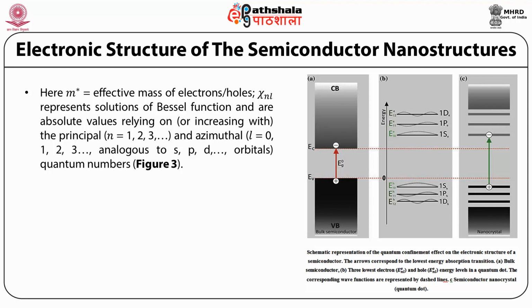Thus, the next energy level in the quantum dot is expressed as n equal to 1, l equal to 1, the 1p level.